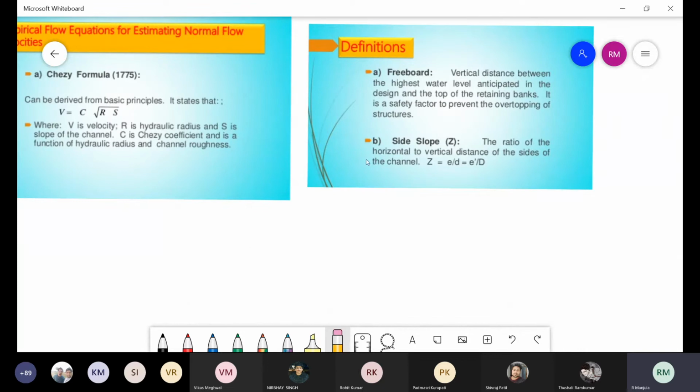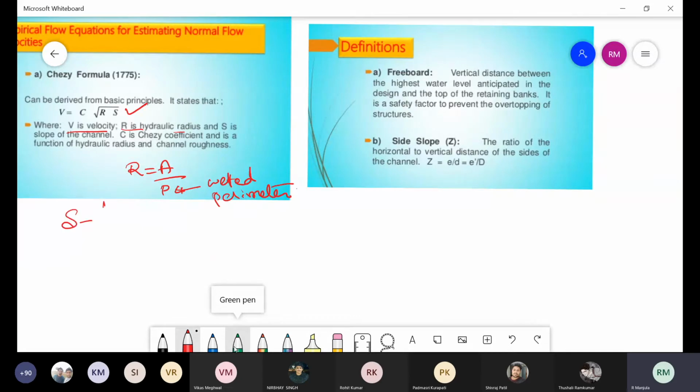Chezy's formula is V is equal to C into root of RS, where V is the velocity, R is the hydraulic mean radius, which means that R is equal to A by P. Whenever I am seeing A by P, P represents only the wetted perimeter. Please remember this always. P represents wetted perimeter, and S is the longitudinal slope of the channel bed.